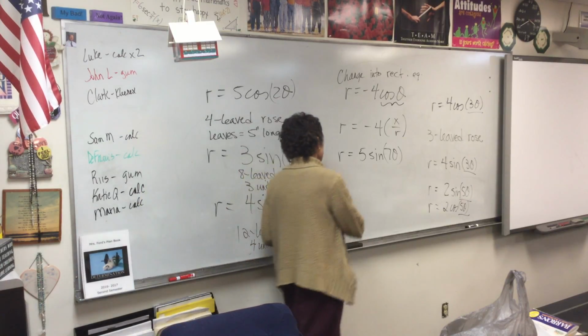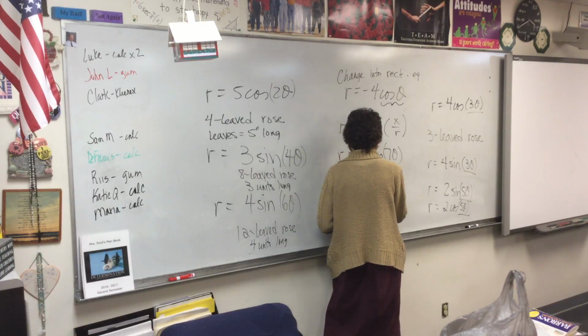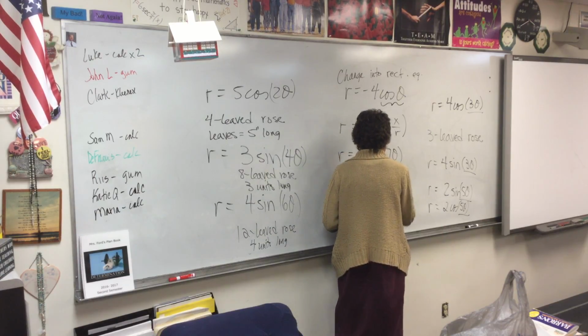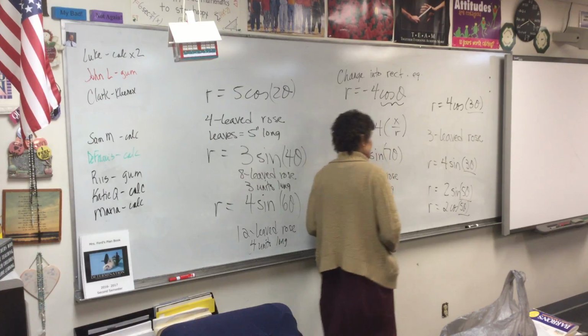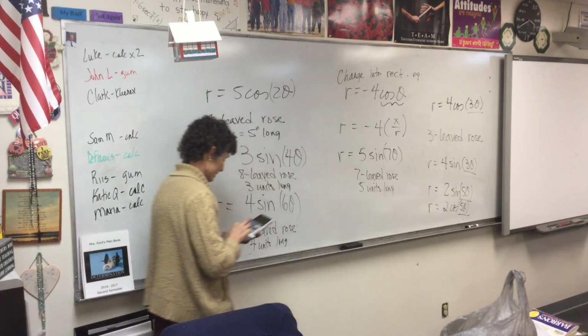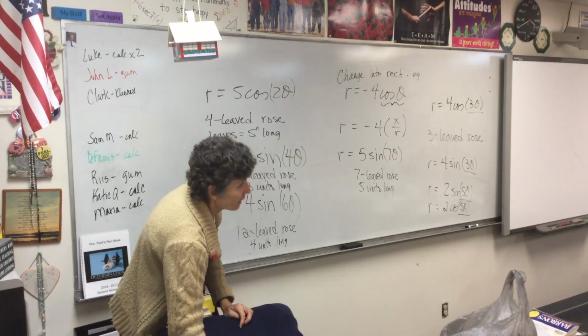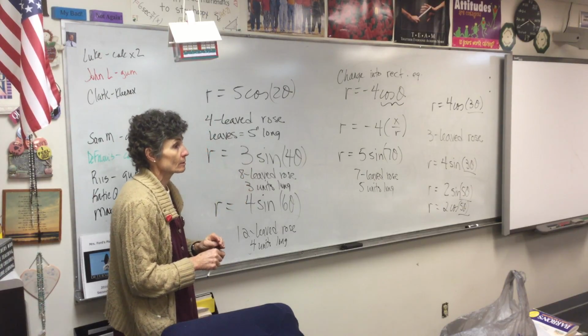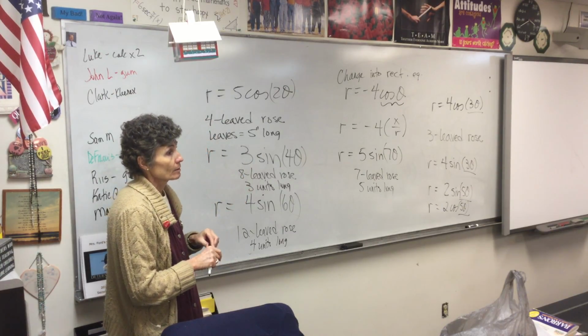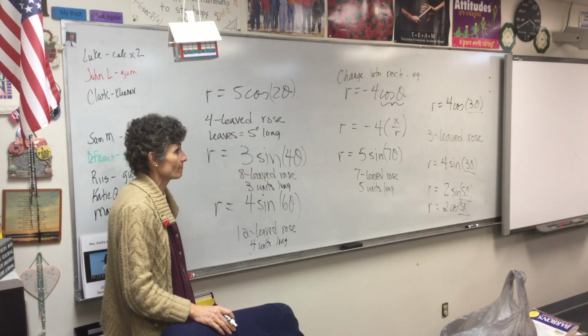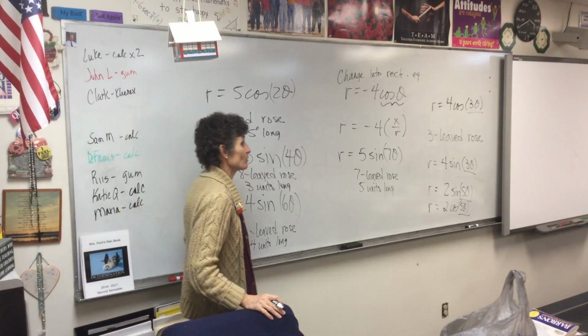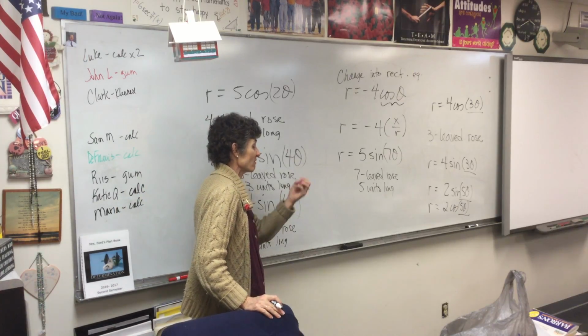Okay, so this gives me a 7-leaf rose, and they're 5 units long. All right, somebody tell me what in the heck seems to be going on. I'm guessing it has to do with the number in front of the cosine and the sine being wrong. Oh, yes, it does. Cassie, he said it has something to do with being even and odd. Do you want to maybe specify that for us?